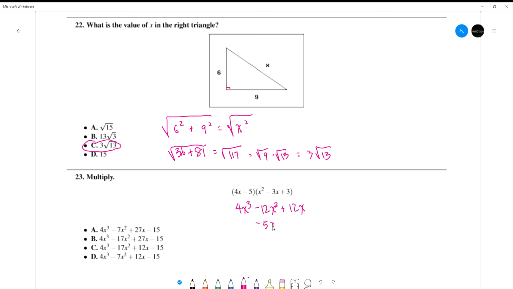Negative 5x squared plus 15x, and then minus 15 over here, and add vertically. So we have 4x cubed minus 17x squared plus 17x minus 15. Let's see, where's that? Oh, this is 27x, my mistake. Making little mistakes here. So let's see, where is that? 4x cubed minus 17x, this is it, B.